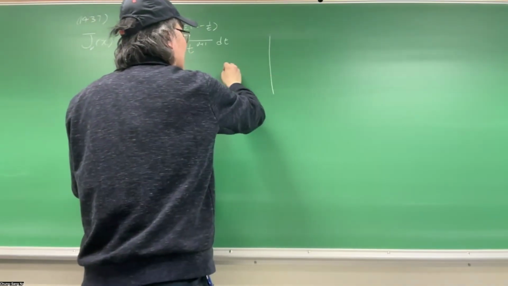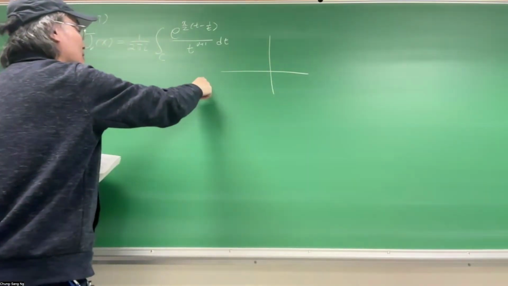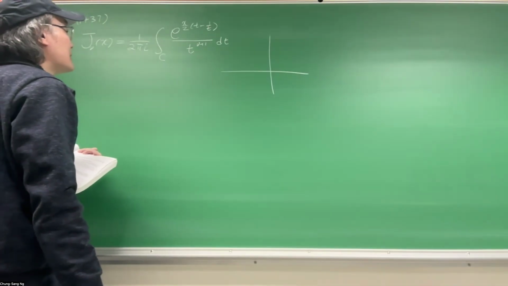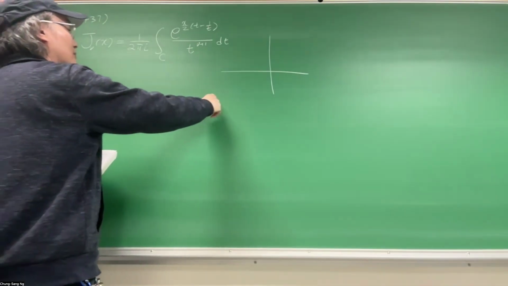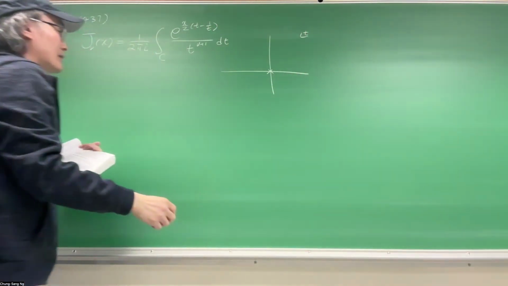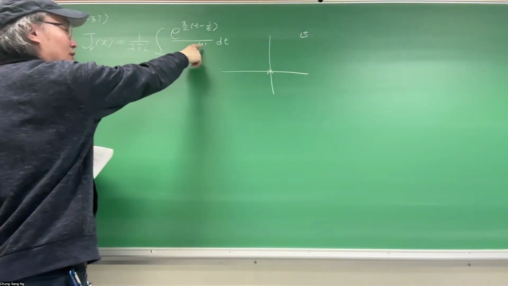So the contour is around a branch point. If nu is a non-integer, then obviously you have a branch point at t equals 0. This is the t plane. If nu is an integer, then it depends on what integer.